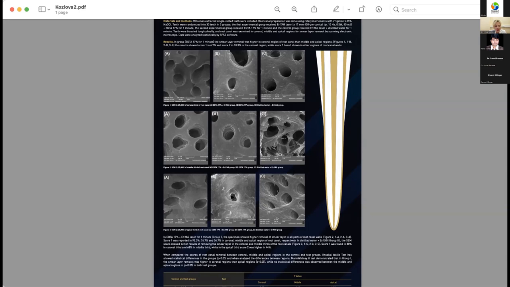The comparison between groups in the different regions of the root canal walls showed statistical differences, which means YAG plus distilled water or EDTA alone.